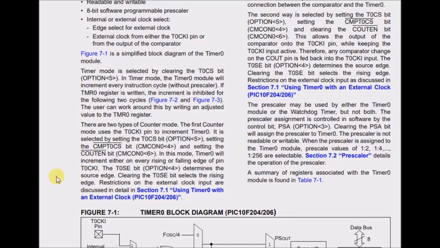The TOSE bit, option 4, determines the source edge. Clearing the TOSE bit selects the rising edge. Restrictions on the external clock input are discussed in detail in section 7.1, Using Timer0 with an external clock.